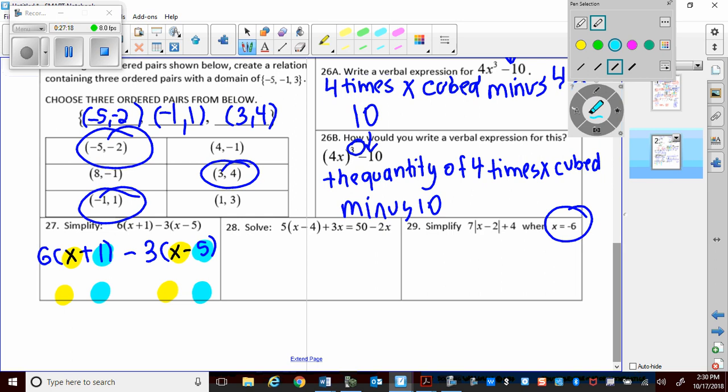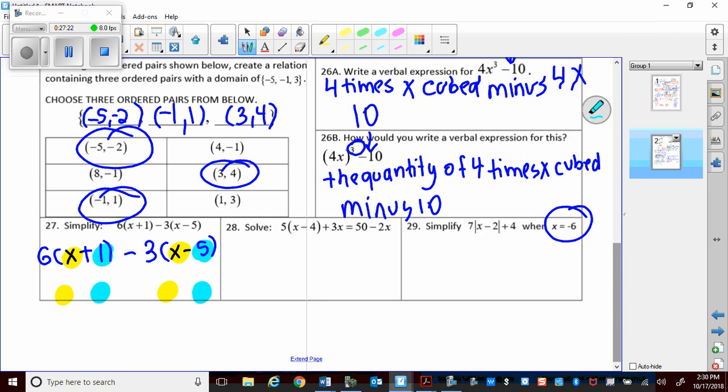If you're struggling with the distributive property, this will help you. There's 2 different terms you need to distribute to. You should have 2 different colored dots underneath both of those terms.